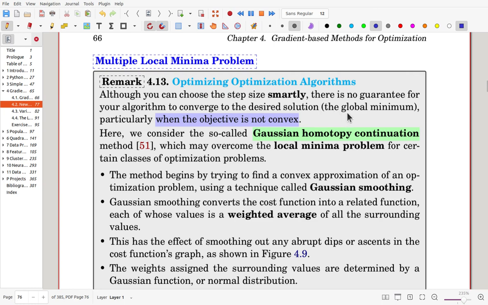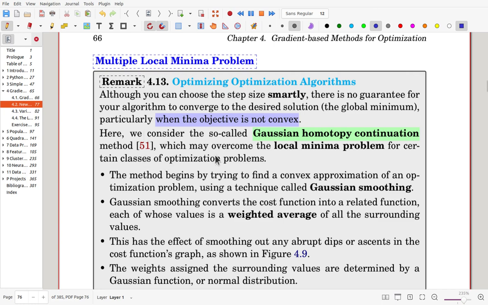The desired solution is the global minimum. But if the objective function is non-convex, or there are multiple local minima, then your algorithm will converge to a local minimum.